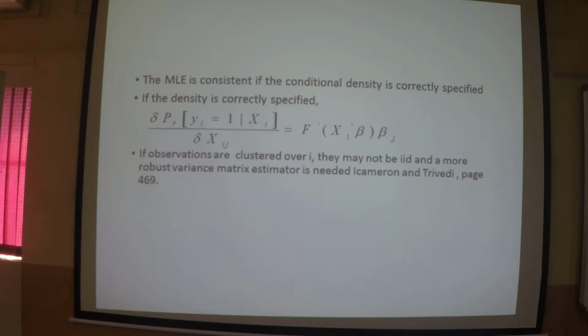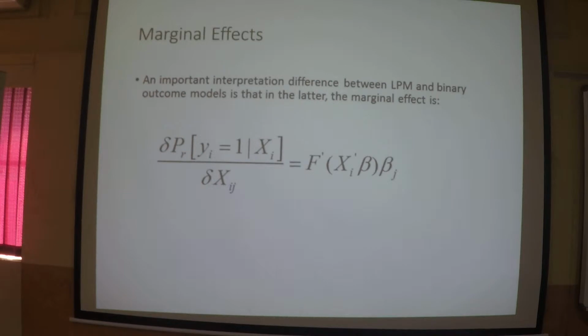In the logit or a probit model, it tells you beta j into f dash of xi dash beta. So it's a more complicated expression. The coefficients are not marginal effects in the logistic regression, but they are more complicated objects which we need to understand. So this is the difference.